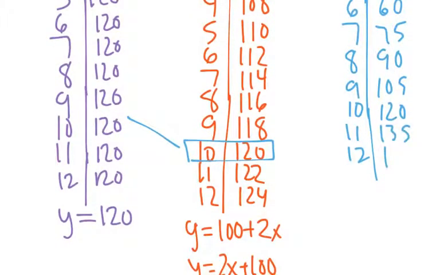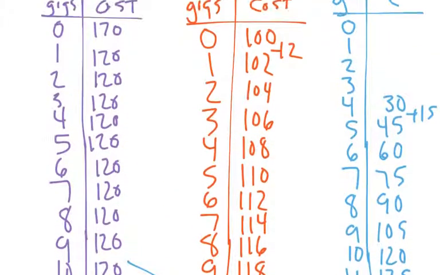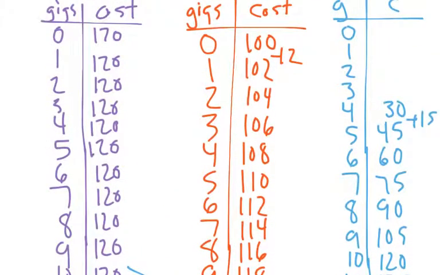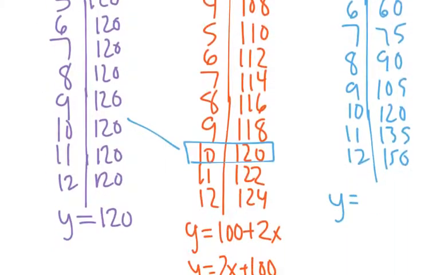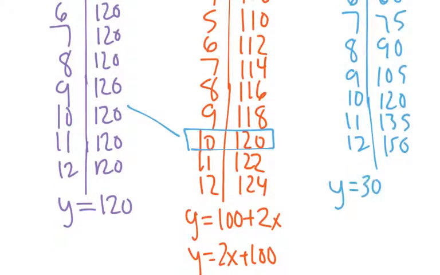135, 150. So it'd be y equals, now here's the tough part, because in order to write our equation, we need to get back to 0. But we know we're at 4, right? So we could start at 30, and we would add to that, well, he's adding 15 every time, but he started at 4. Let me rewrite that.